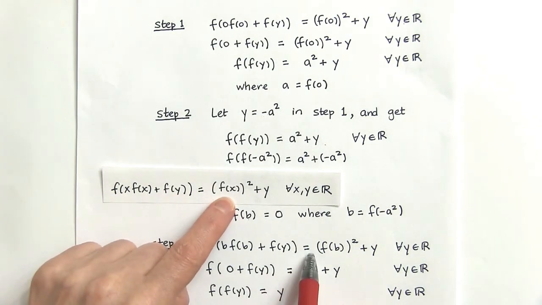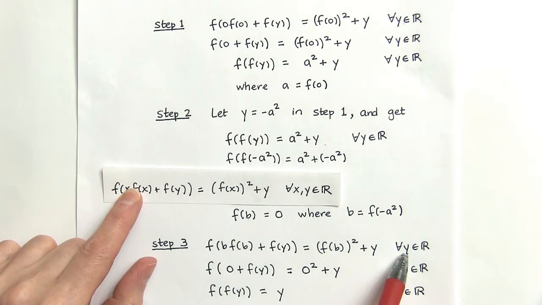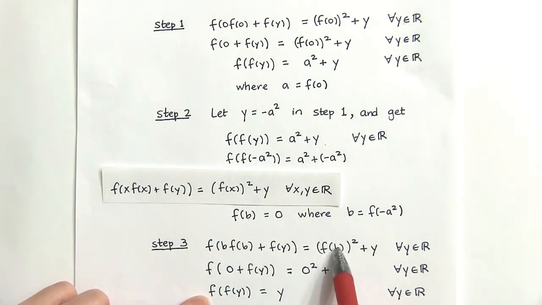And we're going to get the square of f at b plus y on the right-hand side. And this must be true for every real number y. But f at b is 0, and so the left-hand side simplifies to f evaluated at f at y, and the right-hand side simplifies to just y.